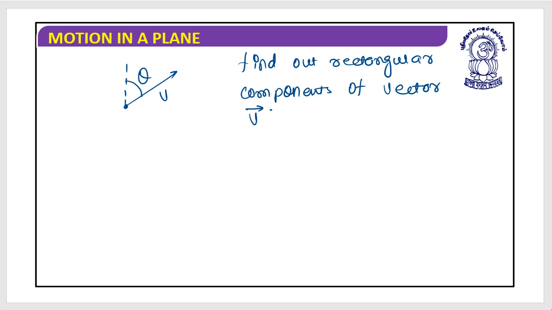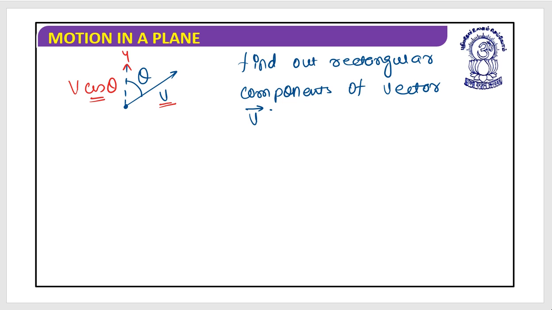What I know is that if this is making an angle theta with the y axis, then this must be v cos theta. I hope you understand this. We learned in the previous slide that when it makes an angle with this side, it will make the cos component for us.